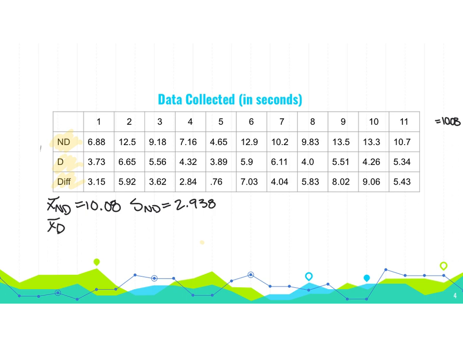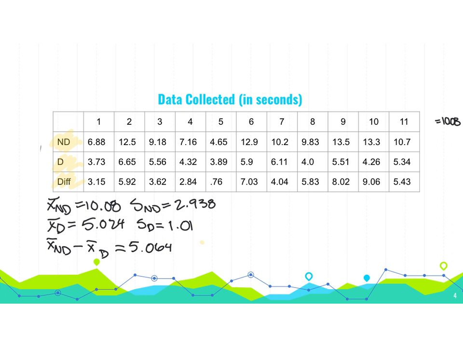For the dominant hands, we found that the mean was 5.024, and the standard deviation for the dominant hands was 1.01. We took the difference of the means and found it to be 5.064.